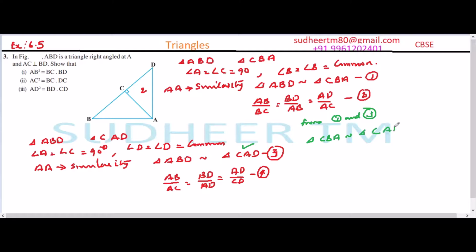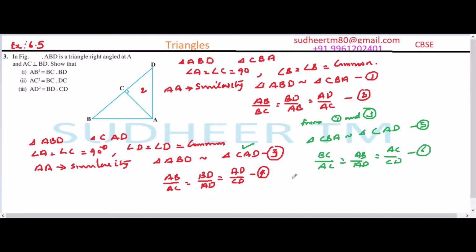Let it be equation number 5, and the corresponding side equations will be BC divided by AC equal to AB divided by AD, which is equal to AC by CD. Say equation number 6.